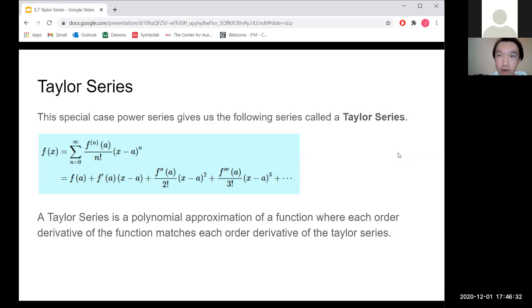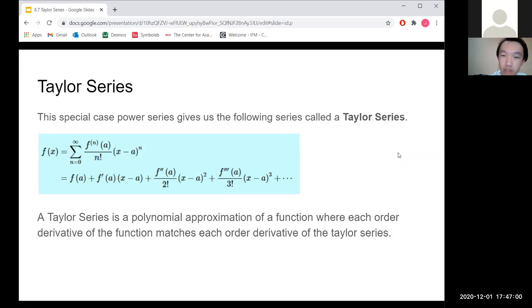From power series, we said that if you have a function, you can write it as a power series. The power series is basically a polynomial that represents the particular function, right? And as you list out more terms in the power series, the polynomial better represents the actual function, right? So that's the main idea.